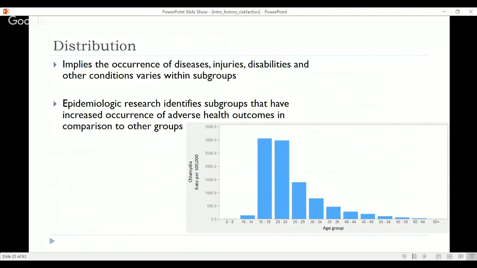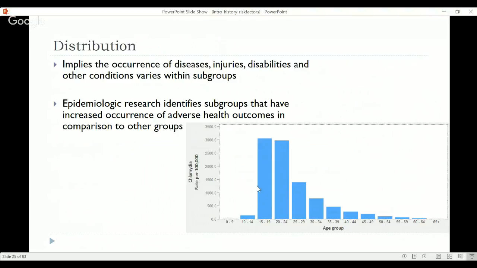So this graph here is from New York City's EpiQuery, which you guys will be using for your midterm. And it's showing you chlamydia rates per 100,000 population. This is for 2014. I don't think I put the year on here, but I think it's the 2014 rates.